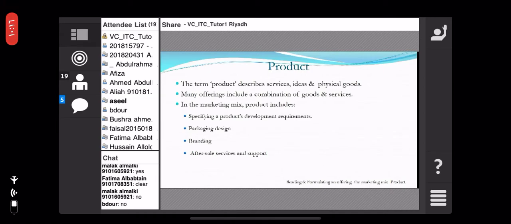So these were some of the things that the marketing mix product includes.